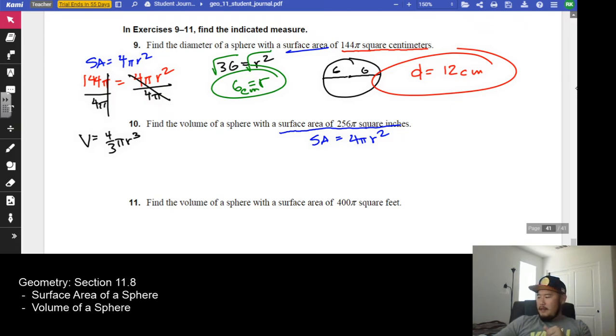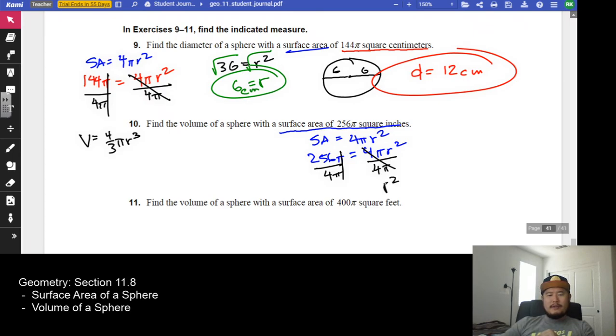So let's go ahead. I'll start substituting things in. We have 256 pi is equal to 4 pi r squared. We'll divide both sides by 4 pi, just like what we did in the last problem. And guess what? Things start canceling out and working perfectly.